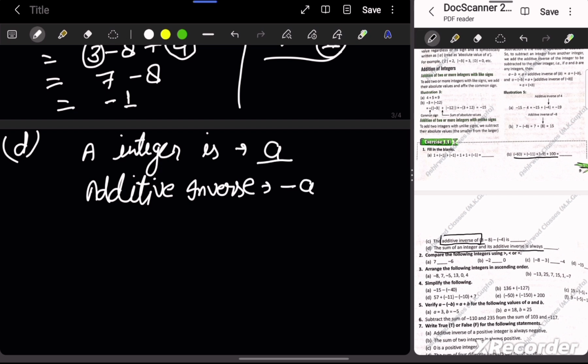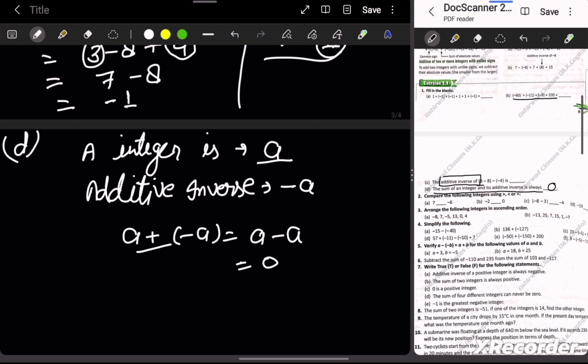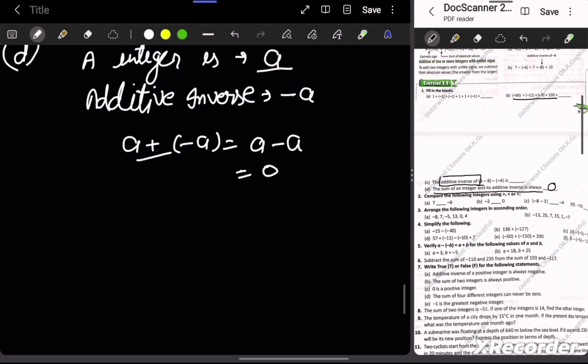What is the additive inverse of a? Minus a. The sum of an integer and its additive inverse is always a plus minus a, sum plus minus equal to 0. Here the answer is 0.